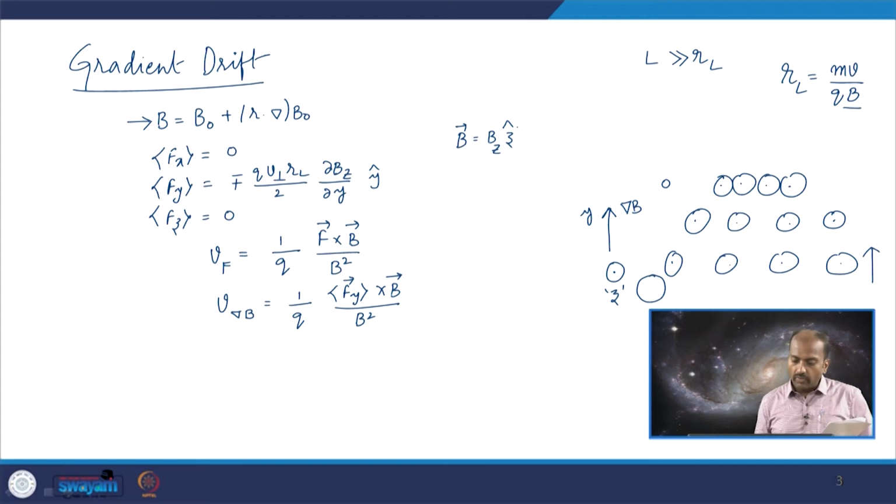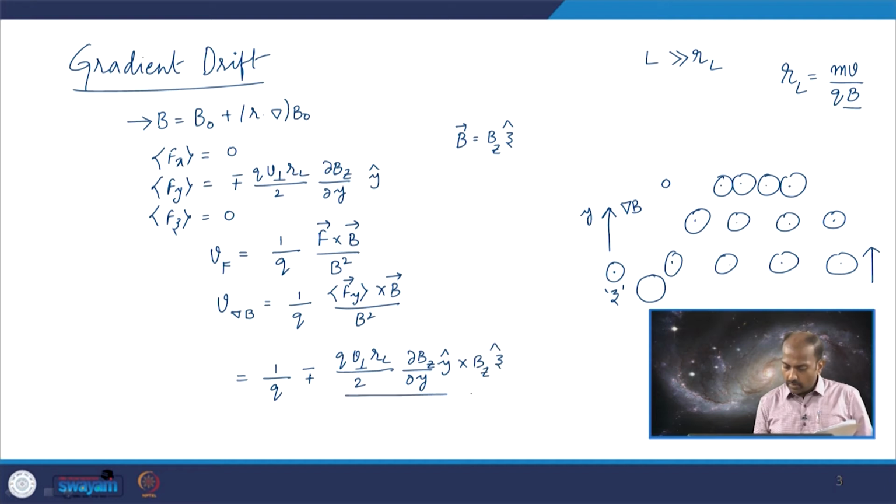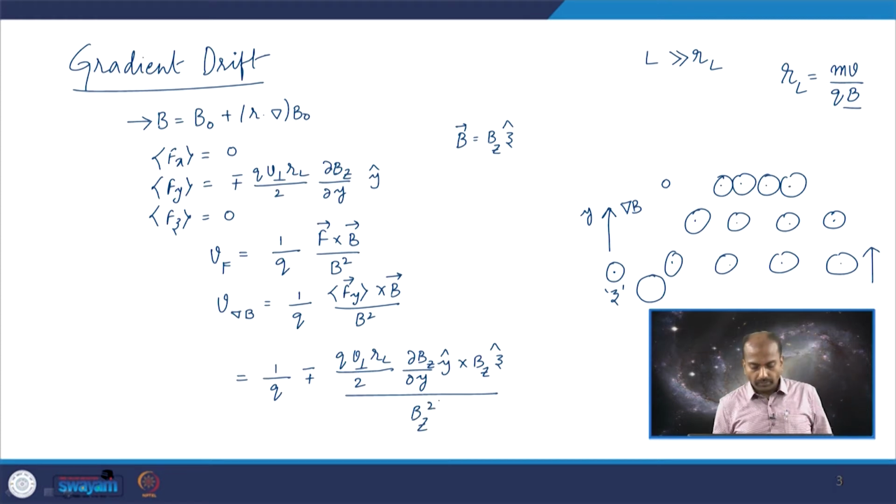So if you substitute the value of F_y into this equation, we can write 1 by q, minus plus q V perpendicular R_L by 2 ∂B_z by ∂y, cross B_z z cap divided by B_z squared.